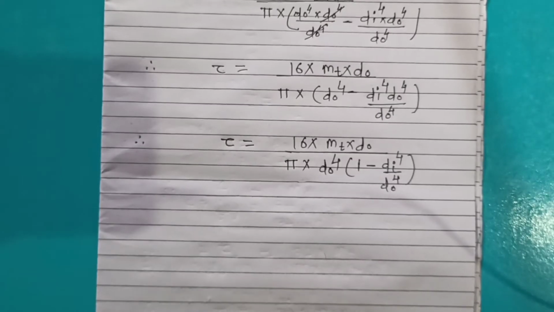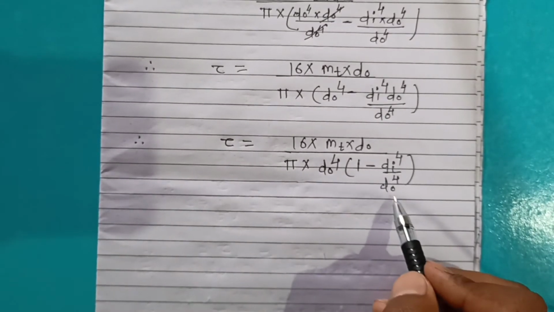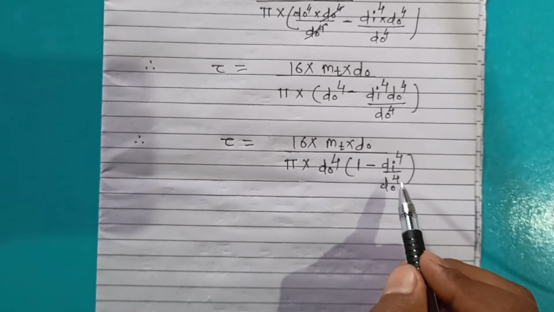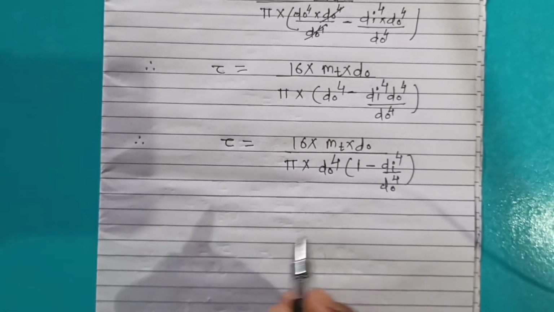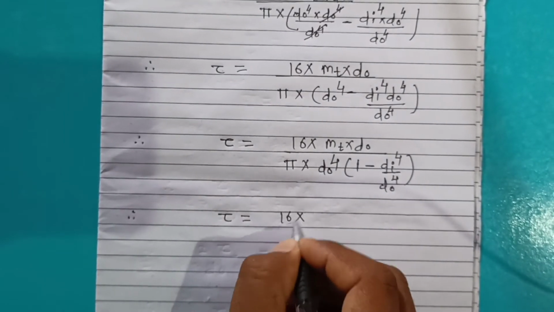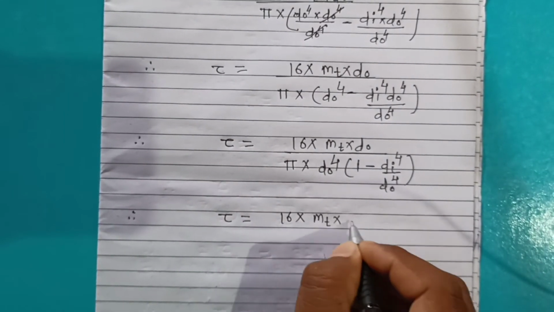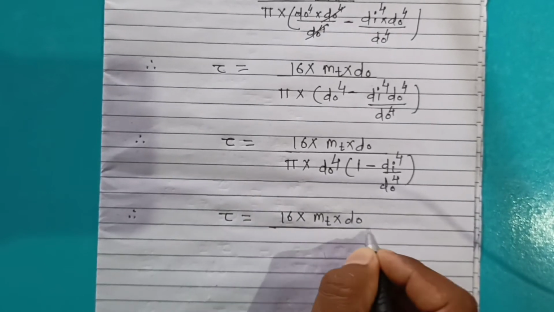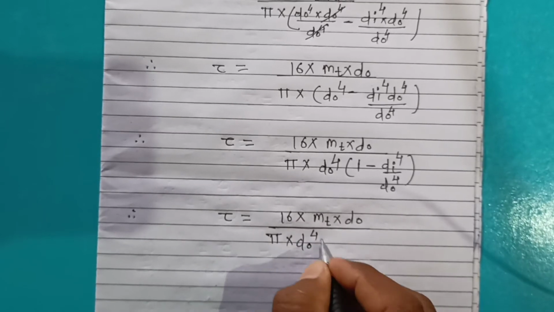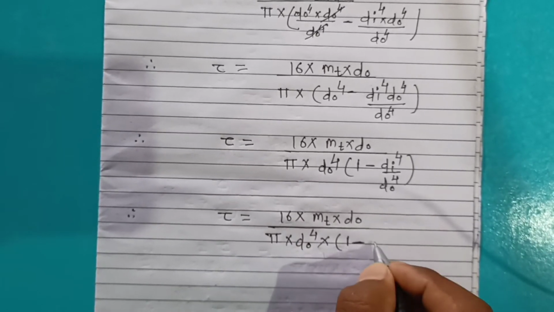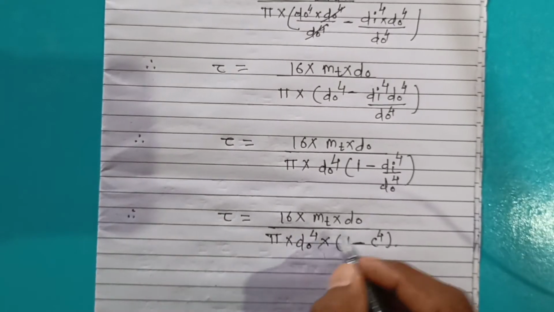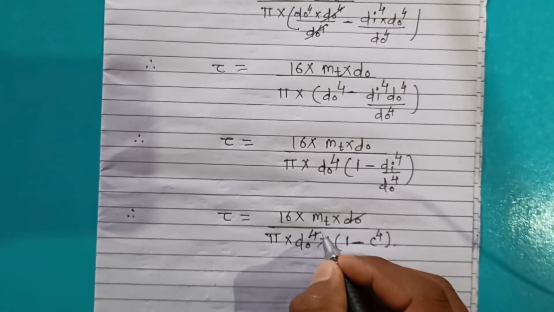And we know the value of di divided by do is the constant c. Now put the value of di by do in the equation. Tau is equal to 16 into mt into do divided by pi into do raised to 4 into 1 minus c raised to 4.